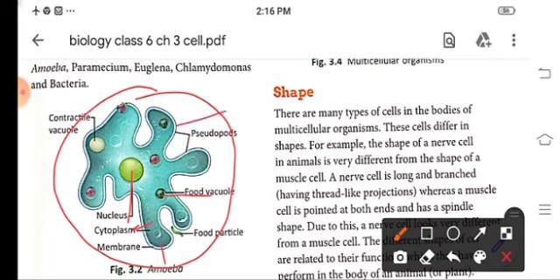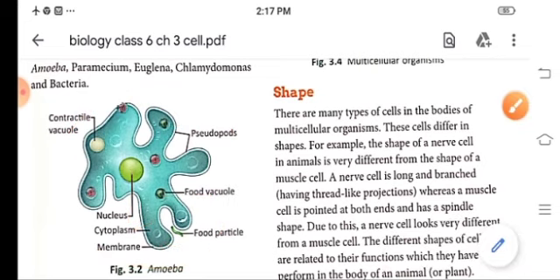Now this amoeba is irregular in shape and it can form these structures. They are known as cytopodia. With the help of these cytopodia, children, they move from one place to another place, and by forming the cytopodia, they also engulf the food particles. So this is a single cell and it can perform all functions in a single cell.